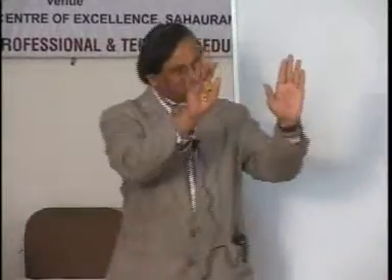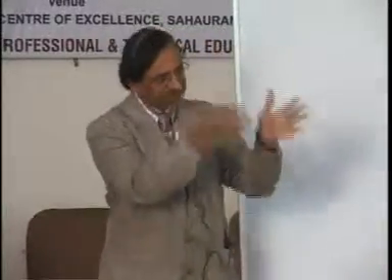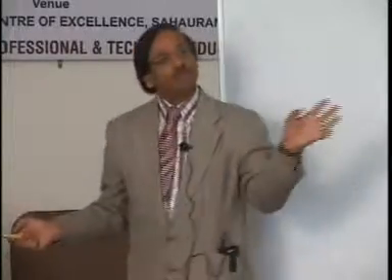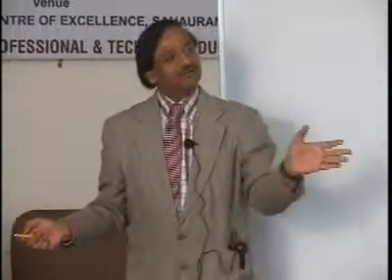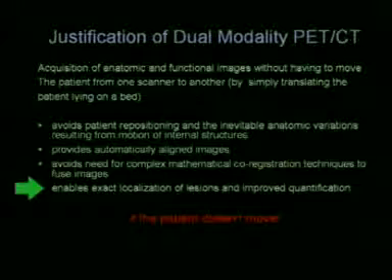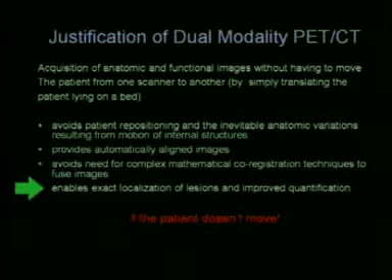You have to register them in fusing, with point-to-point coordinate registration. When it is generated from a single dual modality, you don't have to do those mathematical calculations. Your automatically aligned images will come, without the complex mathematical part required for registration. Of course, you can have improved and exact visualization.